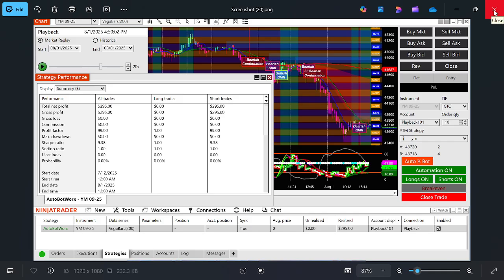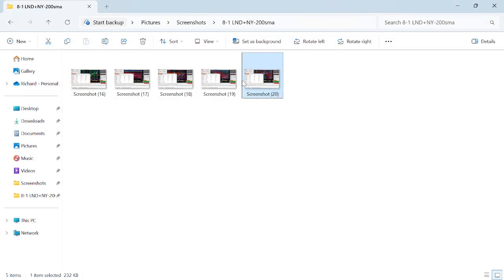So the higher time frames just aren't working for me in this strategy, at least with filtering the 200. So let's go into some.